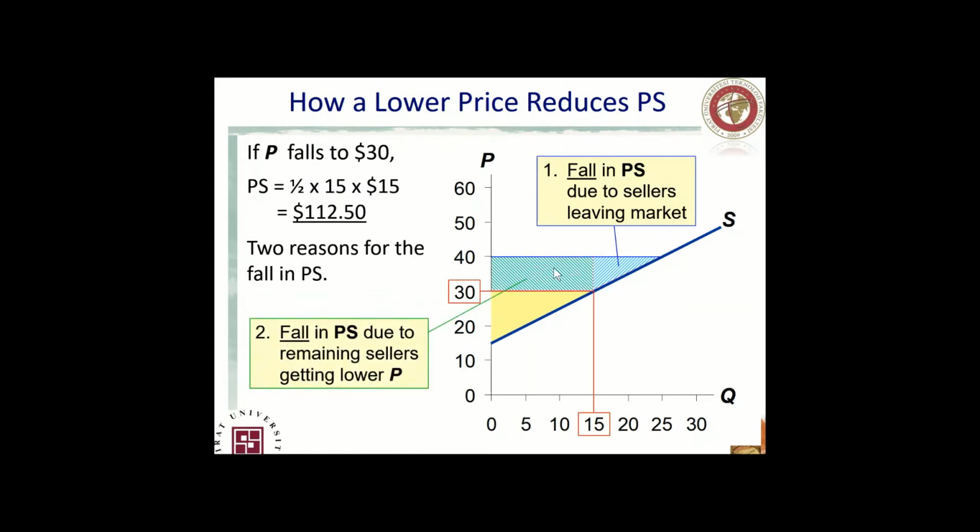The second part is the fall in the total producer surplus due to other sellers receiving a lower price, 30, not 40. That means lower income to them. We usually ask questions about these, very similar to the consumer surplus.